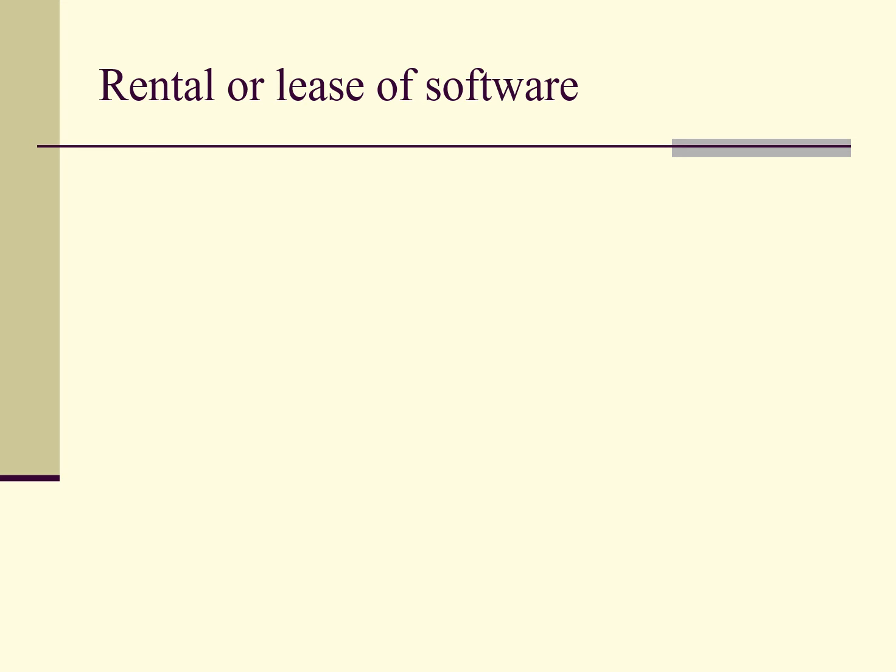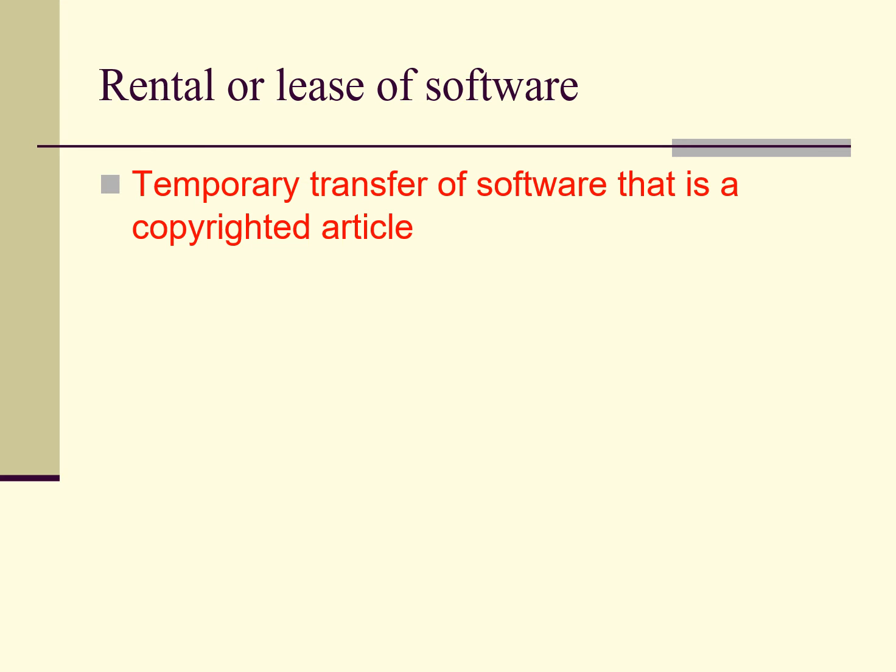Let us now consider a rental or lease of software that is a copyrighted article. A temporary transfer of software that is a copyrighted article in exchange for payment ordinarily constitutes a lease or rental of the software.